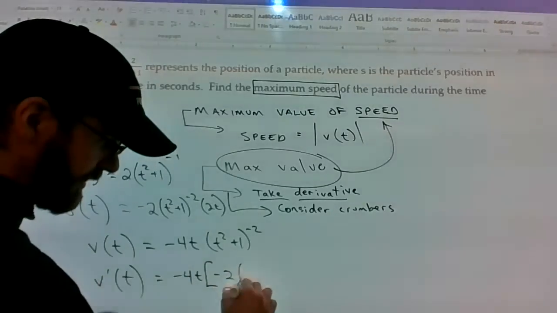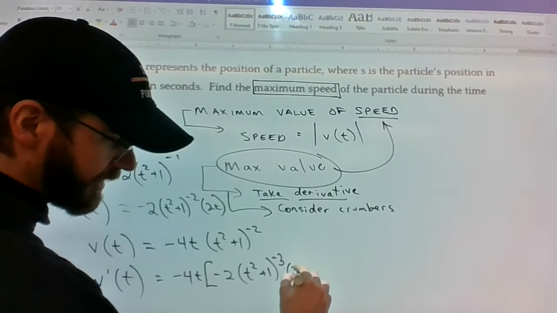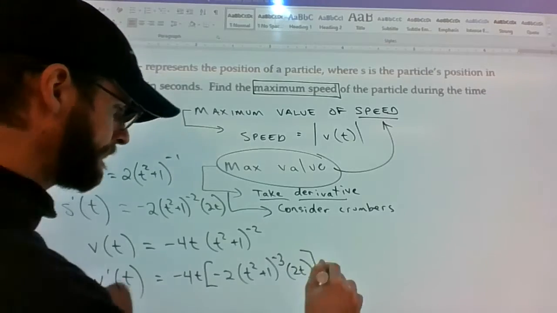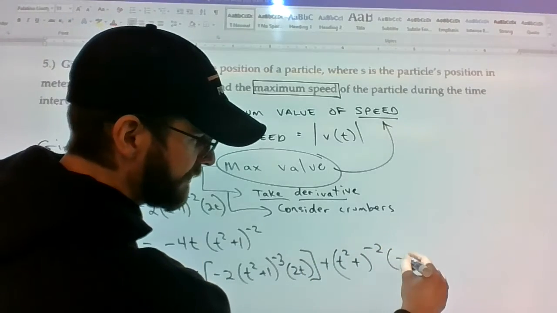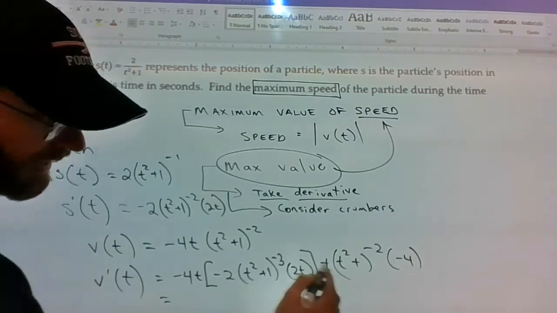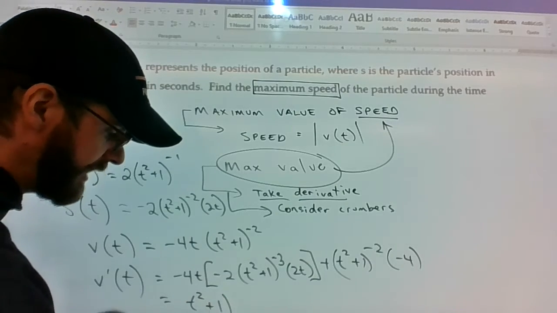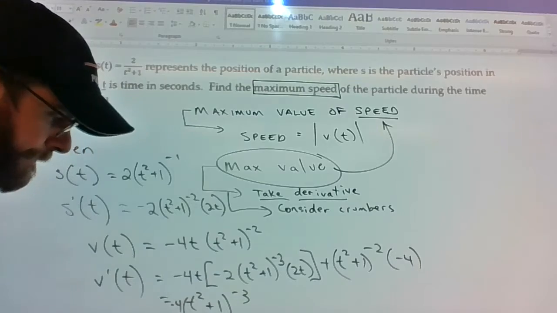We take the first times the derivative of the second, so I'm using product rule and chain rule intertwined, plus the second times the derivative of the first. So the critical numbers, well, I can take out a (t squared plus 1) to the negative 3 power, and I can also factor out a negative 4.